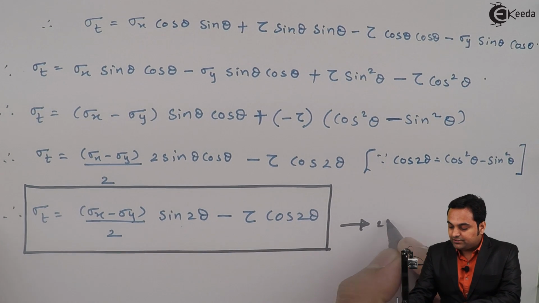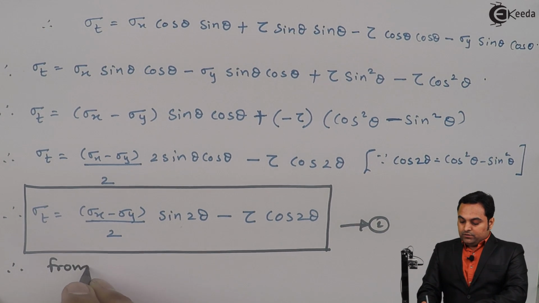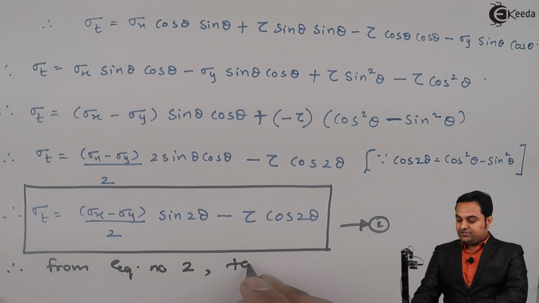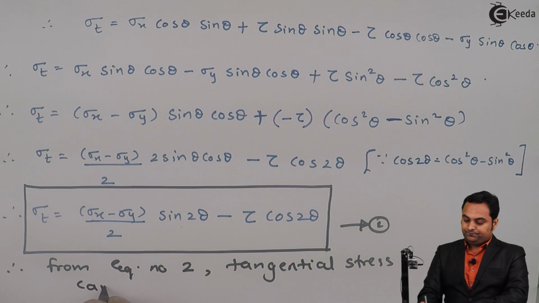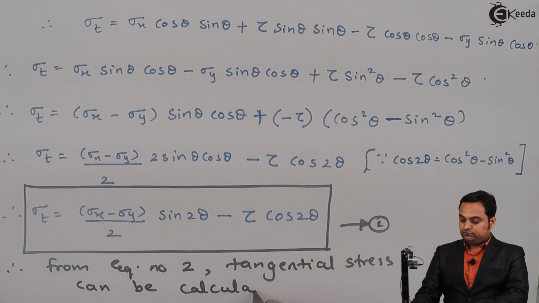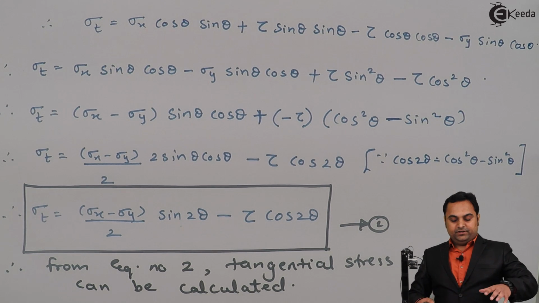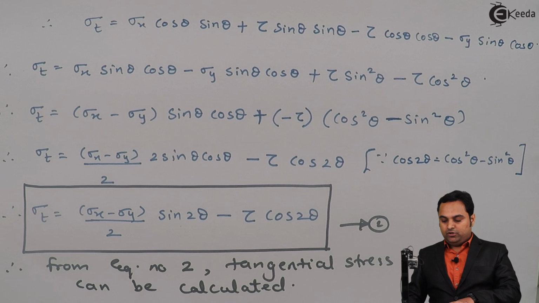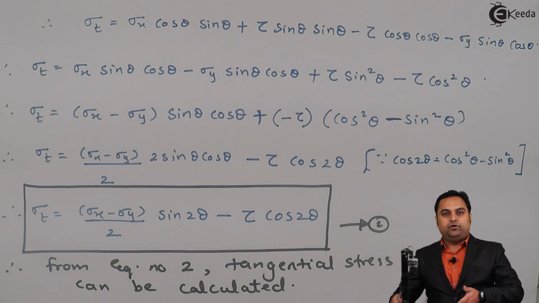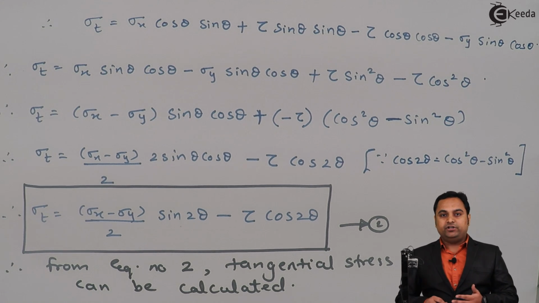This is equation number 2, and I can say that therefore from equation number 2, tangential stress can be calculated. So here I have finished the derivation part, that is we have derived the formula of both normal stress and tangential stress acting on an inclined plane.